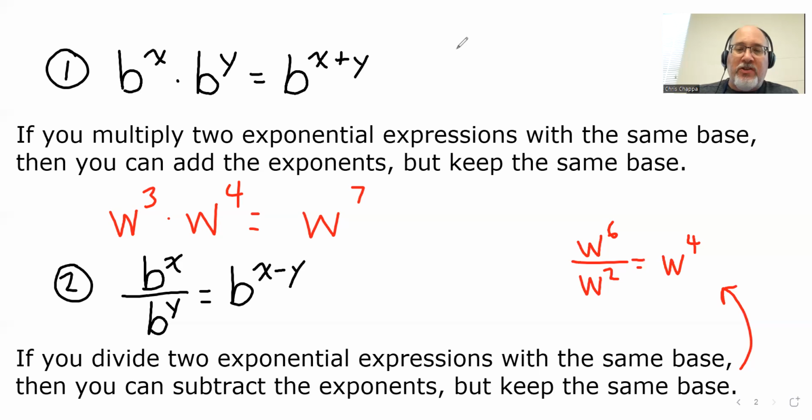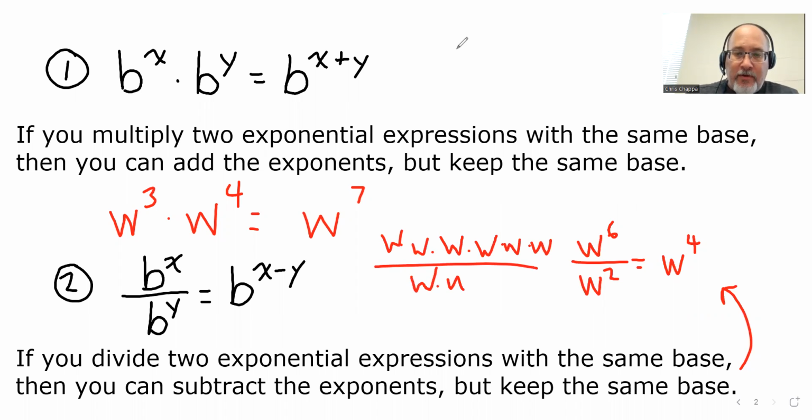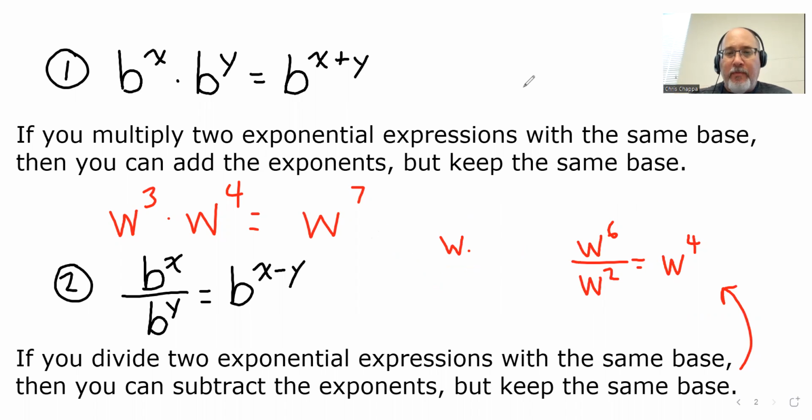And this works because if you were to write out the 6 w's on top and the 2 w's on the bottom, the rules for canceling in a fraction is you can cancel parts of multiplication problems, and all these w's are parts of multiplication problems. 6 w's, cross out 2 of them, leaves 4. So that's the reason that rule works.